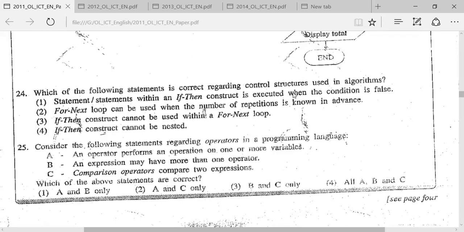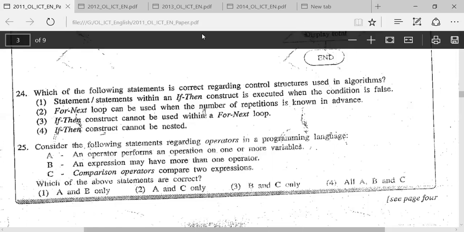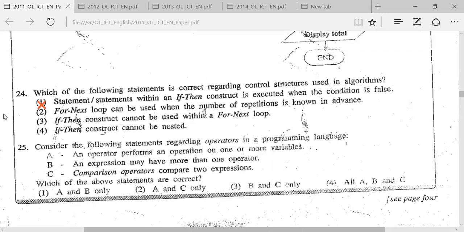That is false. When will it be executed? When the condition is true, the statements will be executed. That's why the first answer option is wrong.